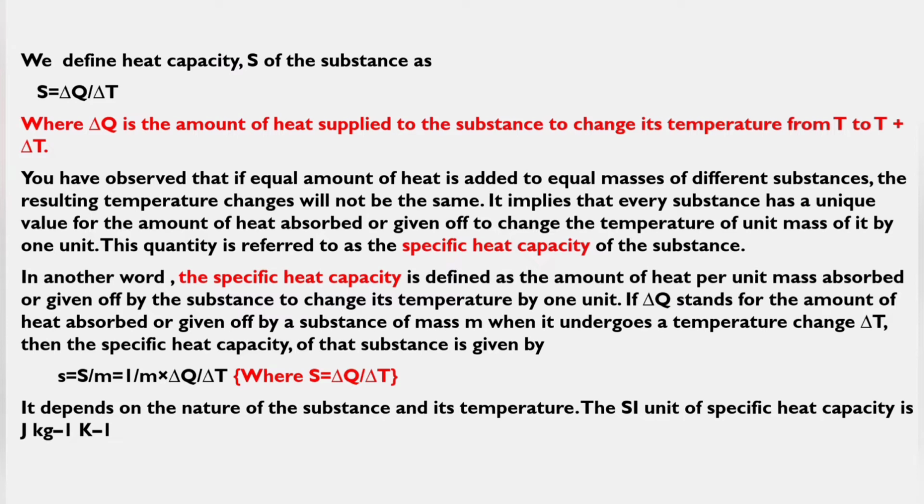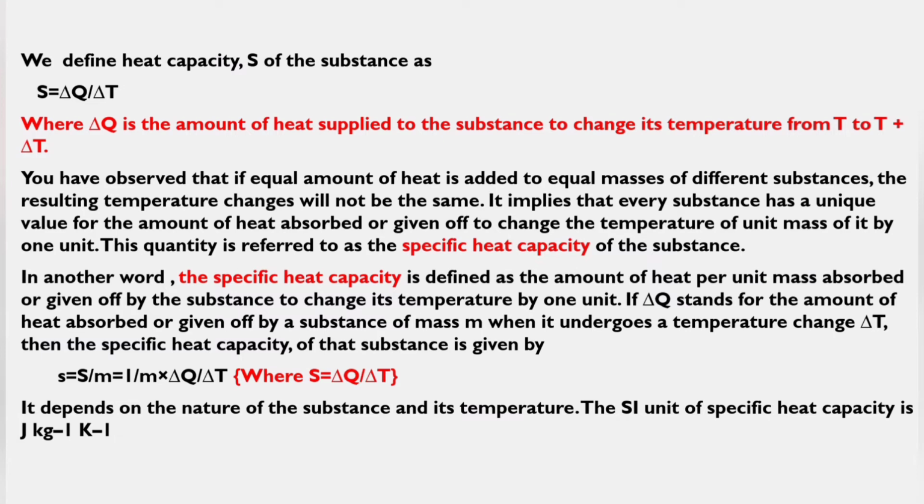Also through the activity which I explained in the beginning, you have observed that if an equal amount of heat is added to equal masses of different substances, then the resulting temperature change will not be the same. It implies that every substance in the universe has a unique value of the amount of heat absorbed or given off to change the temperature of a unit mass of it by 1 unit.